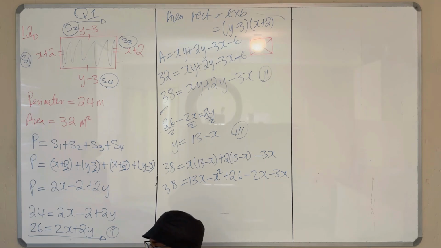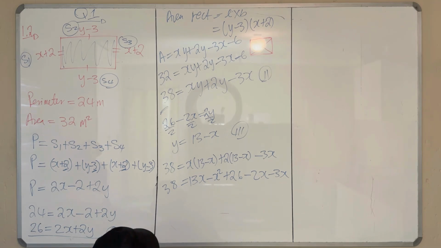Then what do we do? We group the like terms. So let's just take this to the other side, right? So 38 equals negative x squared. This one doesn't have any like terms. We're done with this one.